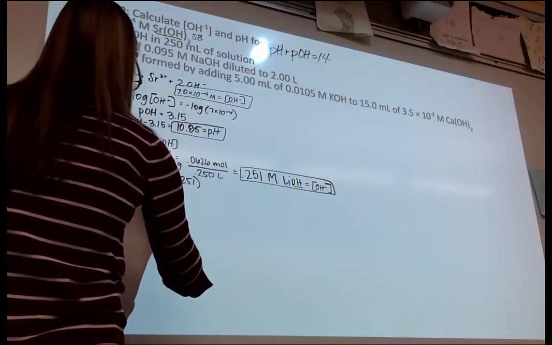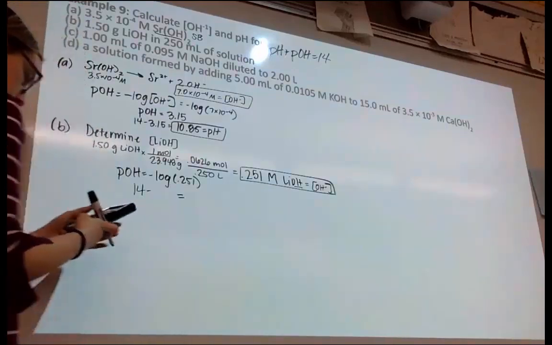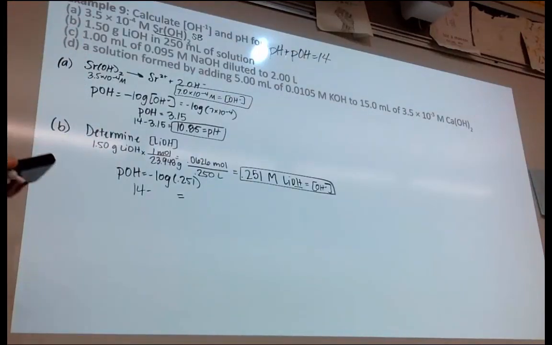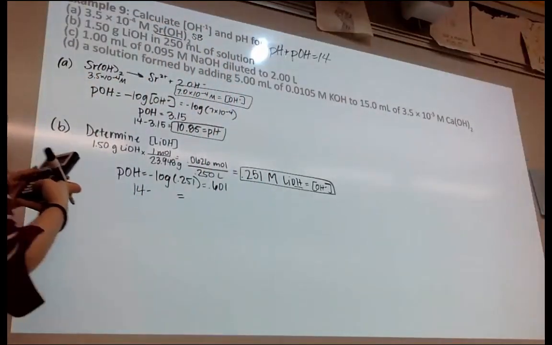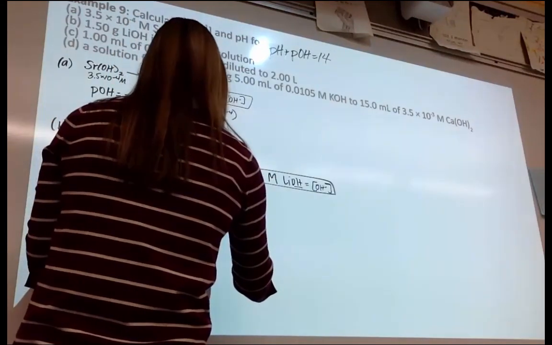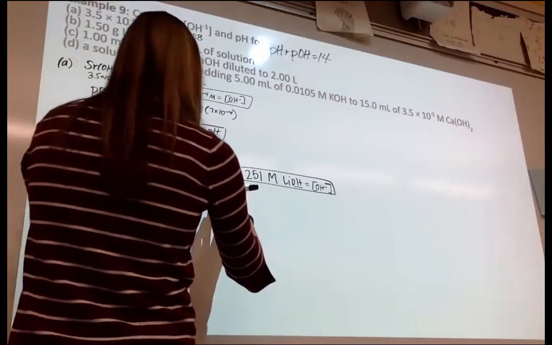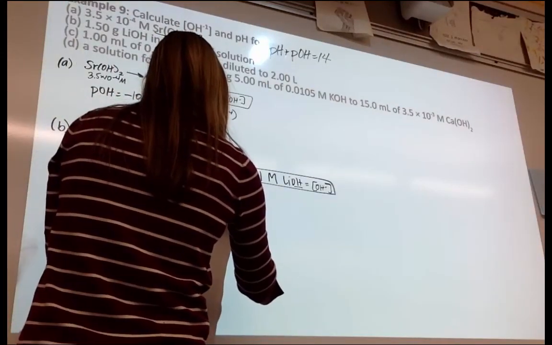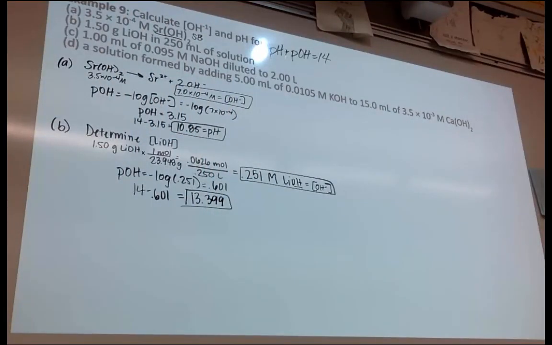And then 14 minus that will give us pH. So I'll do this really quick. 0.601, which gives us 13, I guess 3 sig figs, 3 decimals, 399. Again, notice how high the pH is. It's a very high pH. That makes sense. It's a base.